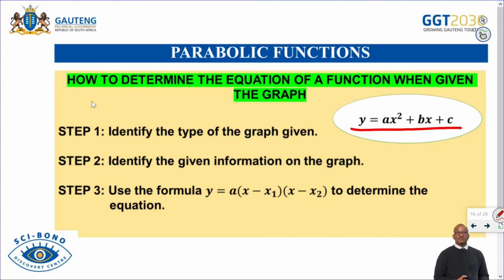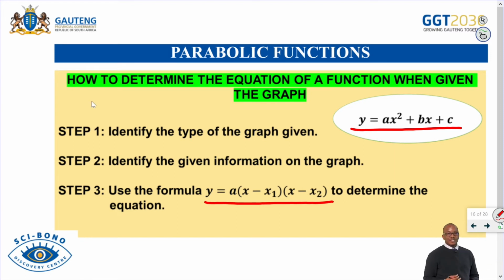The first thing that you need to do is to identify the type of graph that is given, correct? And then step number 2 is to identify the given information on that graph. You must analyze the graph and then get the given information. Then from there, you are going to use this type of formula.